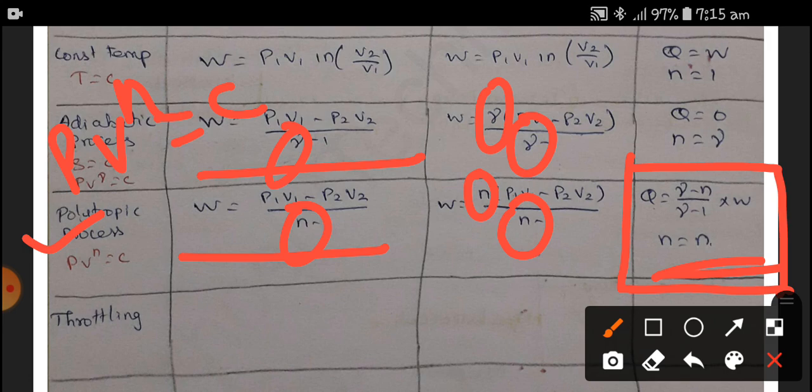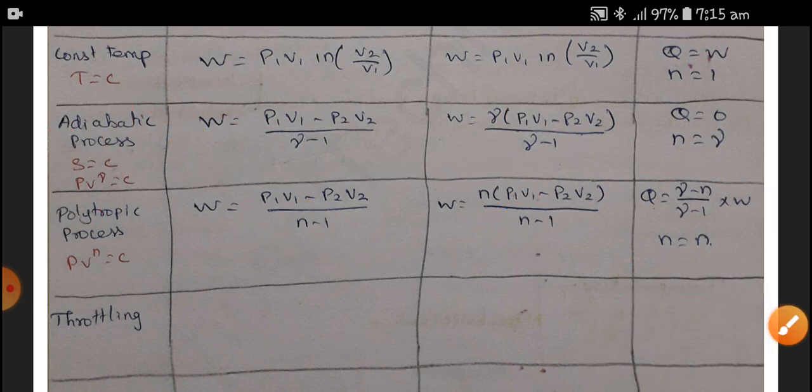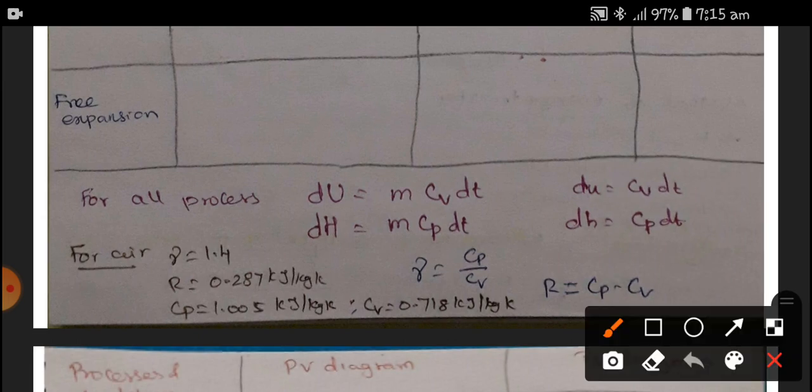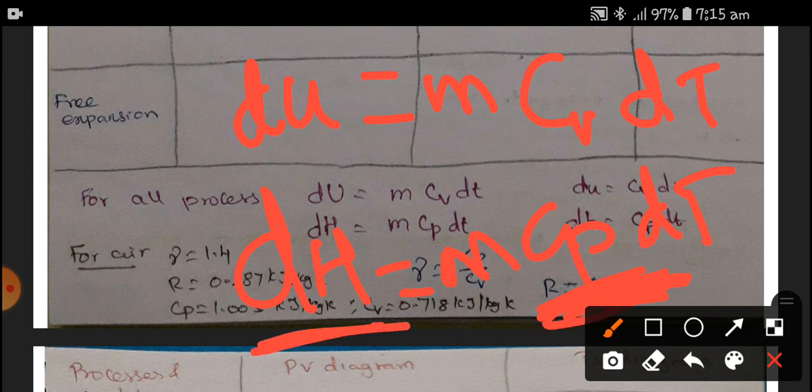And for your information, for all processes the change in internal energy, that is dU, is equal to m into specific heat at constant volume into change in temperature. And for all processes, the enthalpy is equal to m Cp into del T. If there is constant pressure, it has a term of enthalpy.